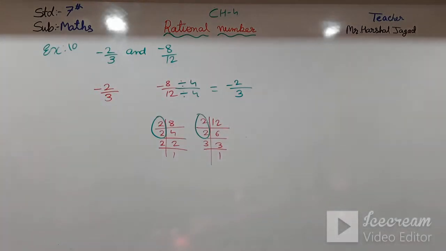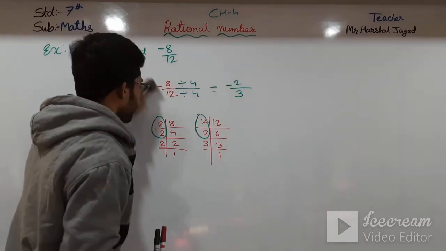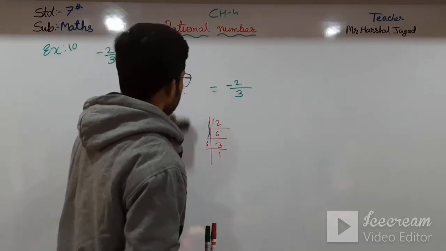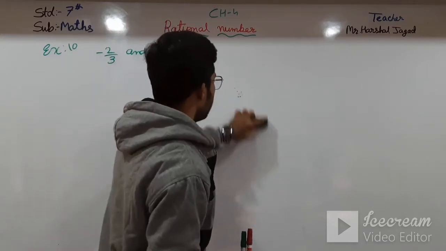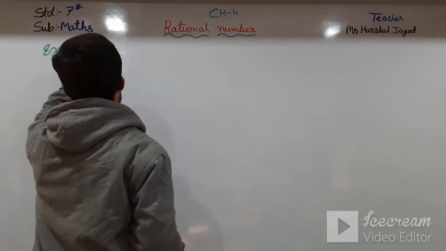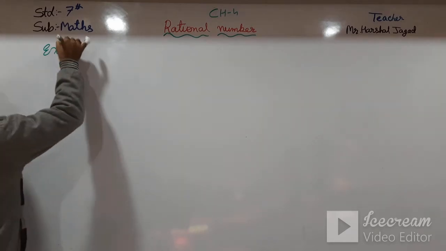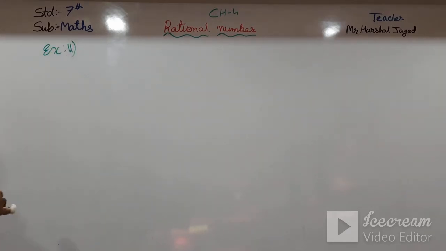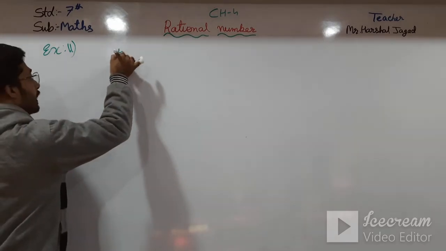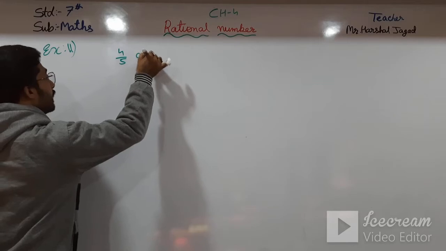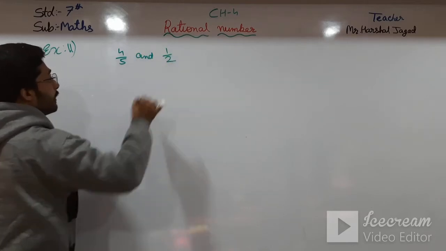Moving forward to example number 11, which is comparison of rational numbers. Compare 4 by 5 and 1 by 2.